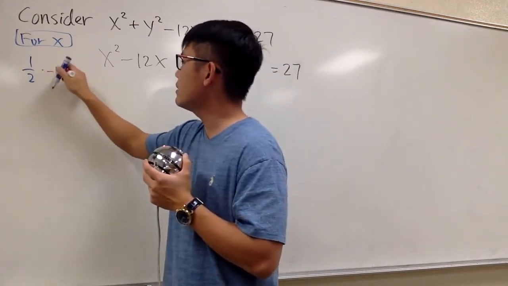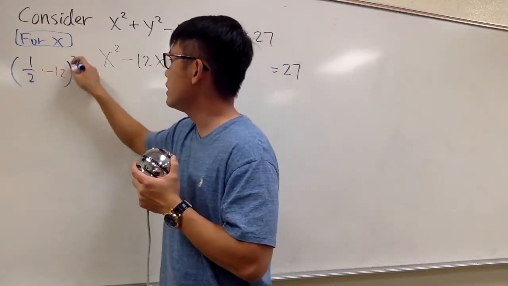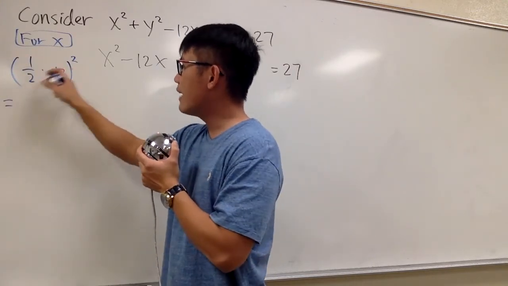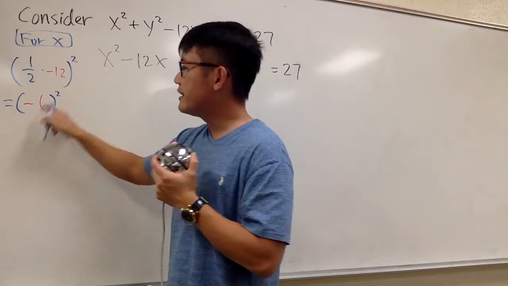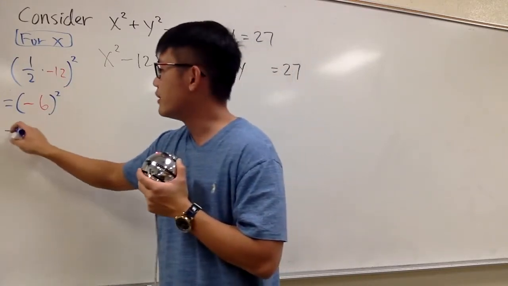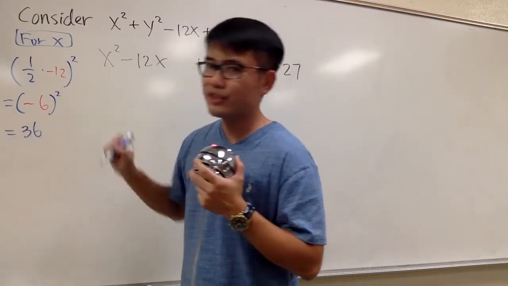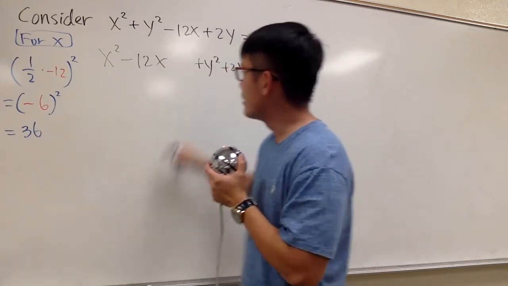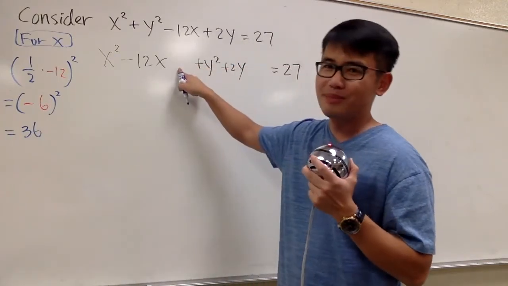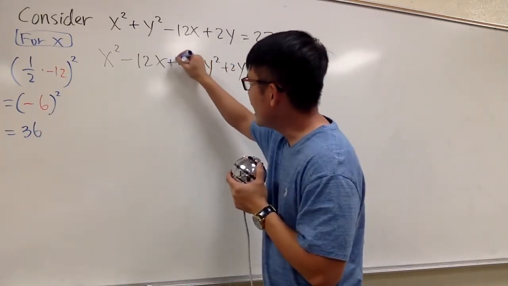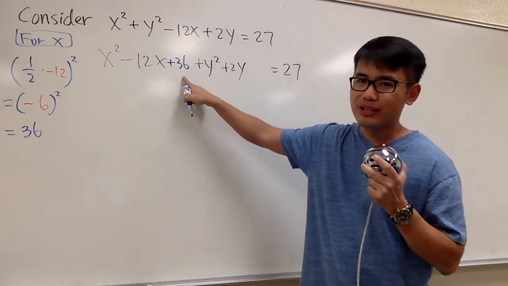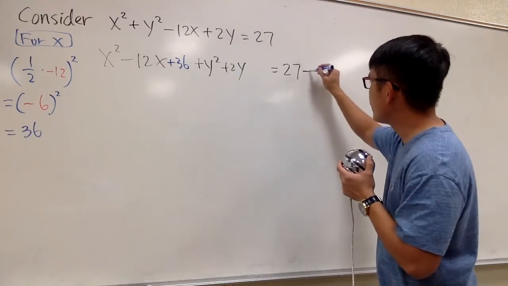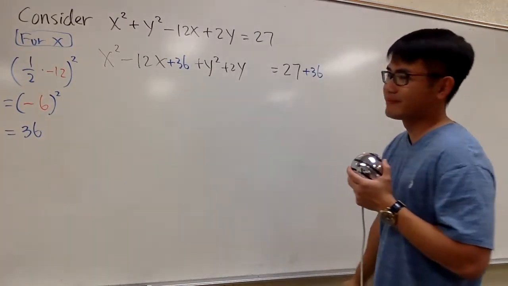So let's write that down, and then we put this in the parentheses and square that. 1/2 times -12 is -6, and then we square this. -6 squared will give us 36. And this is the magical number. This is the number that belongs to here. It has a special spot, right? And we are going to add 36. And be sure you add the magic number on both sides. So right here, I will also add 36.